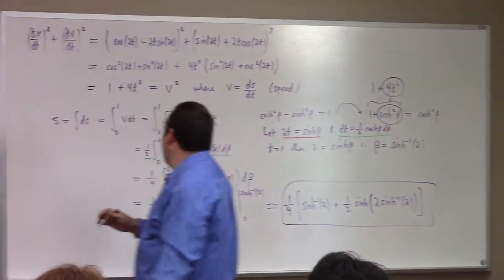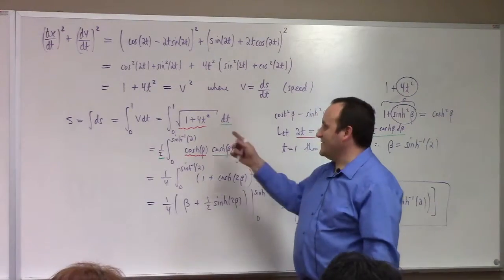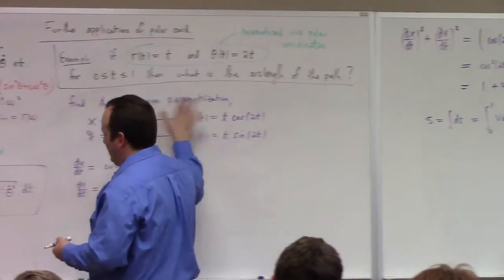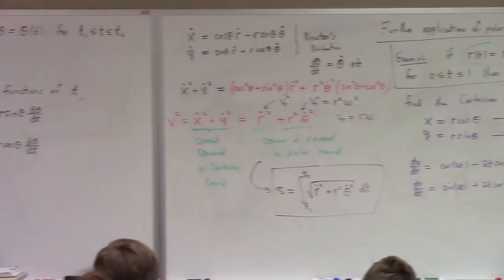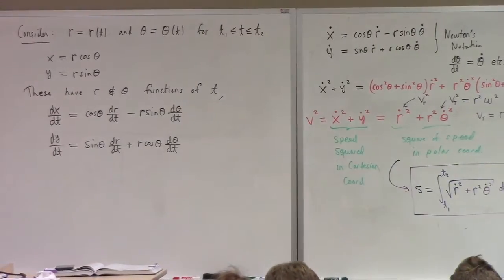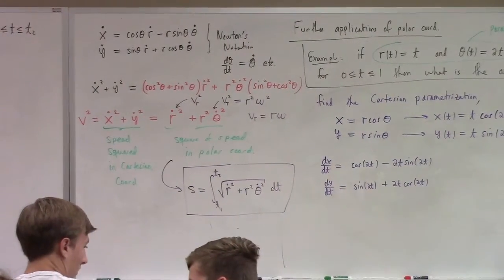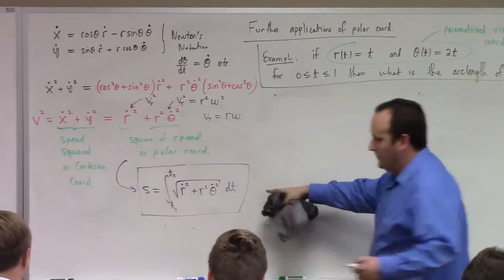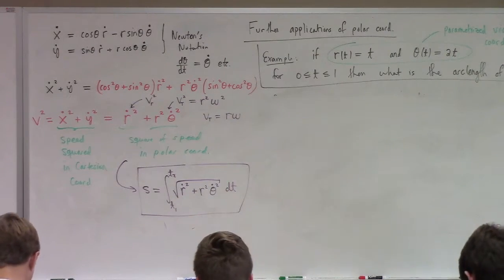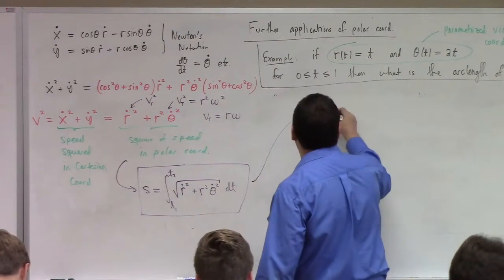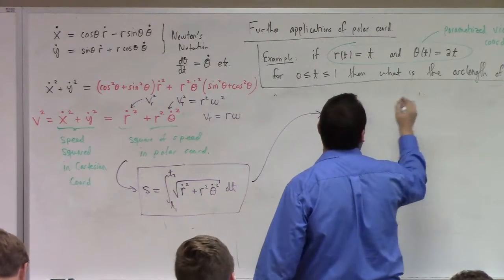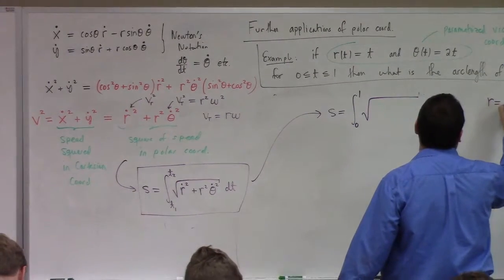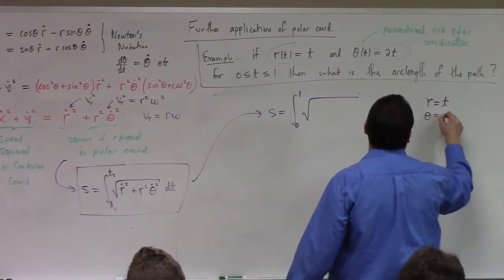Now, it probably doesn't take away the pain. This is probably still waiting for us, whether we like it or not. Let's try this example again, but now with our new toy. See how it changes. So instead of switching to Cartesian coordinates, let's just calculate directly with our new formula. So we have s is equal to the integral from 0 to 1 of the square root. Let's see here. r equals t, theta equals 2t.